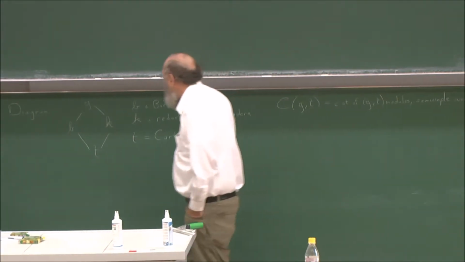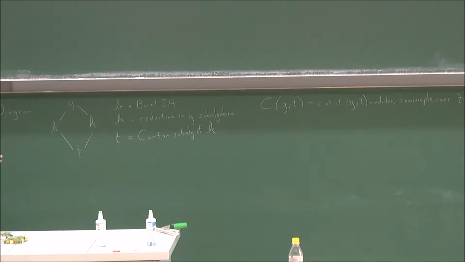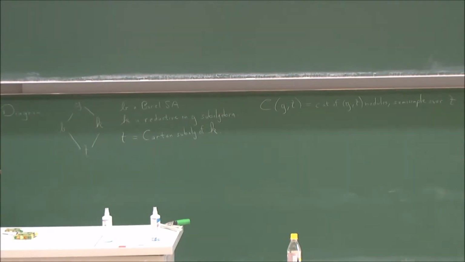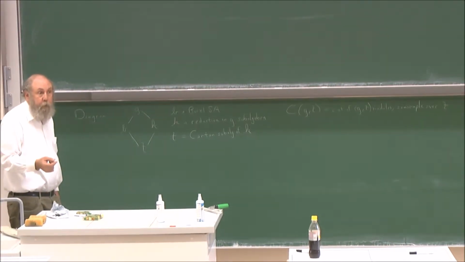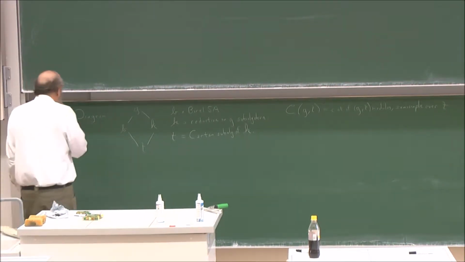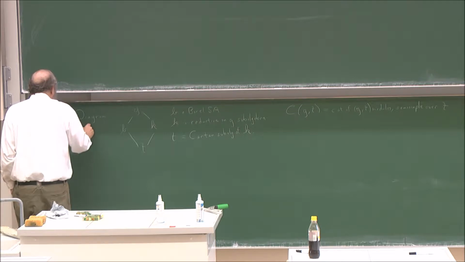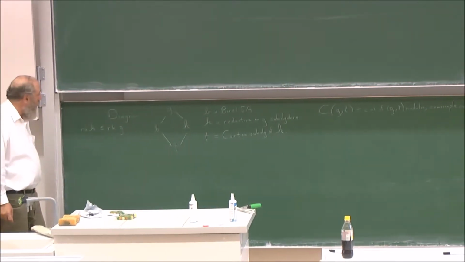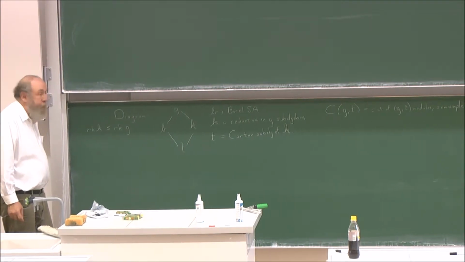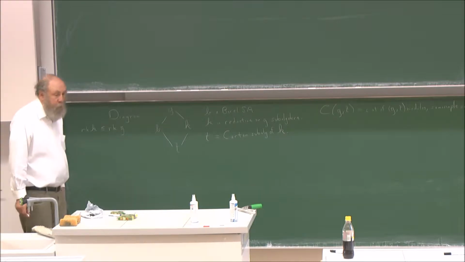Now let's keep in mind, so that I can make clear how my assumptions relate to the assumptions of other talks, that I'm not assuming that K has the same rank as G. All I know is that the rank of K is less than or equal to the rank of G. So my T is not necessarily a Cartan subalgebra of G.